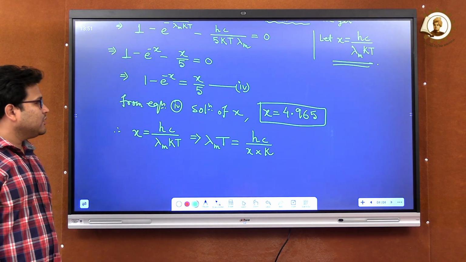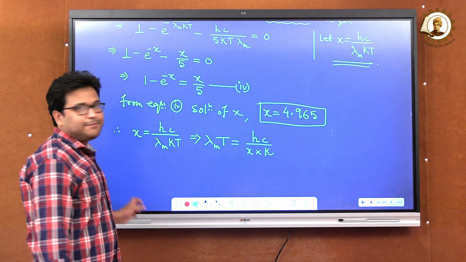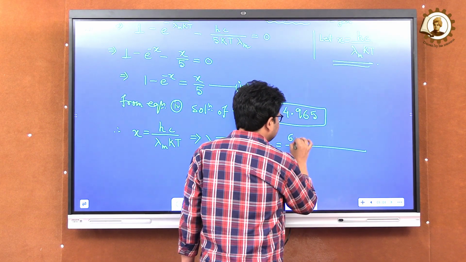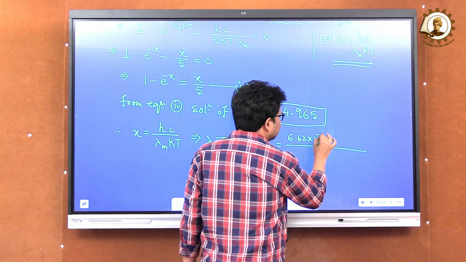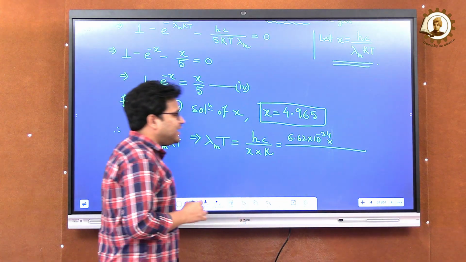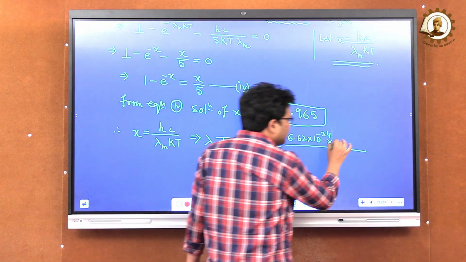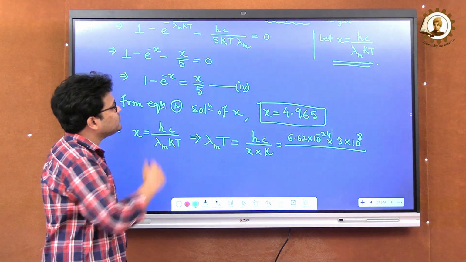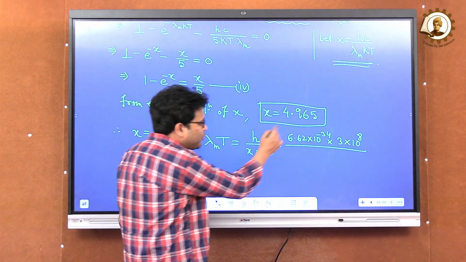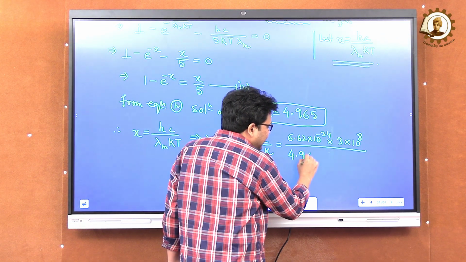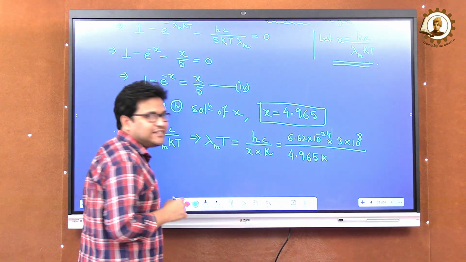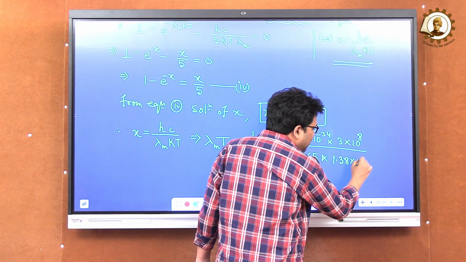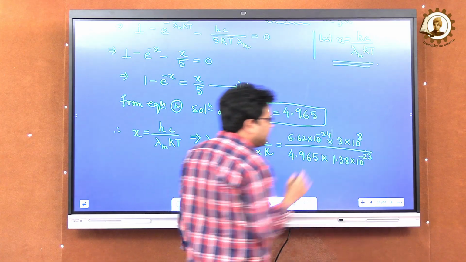Now what about h? h is Planck's constant, 6.62 into 10 to the power minus 34 joule second. c is the velocity of light, 3 into 10 to the power 8 meter per second. x is the graphical solution of equation number 4, which is 4.965. And k is the Boltzmann constant, 1.38 into 10 to the power minus 23 joule per Kelvin.